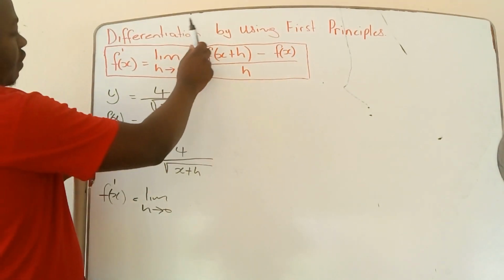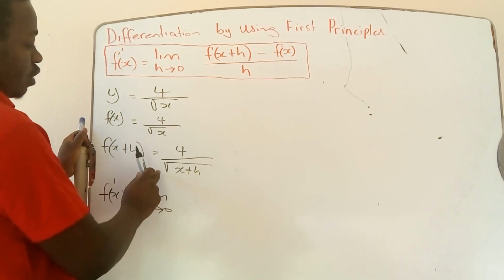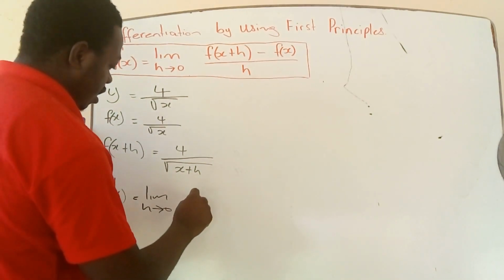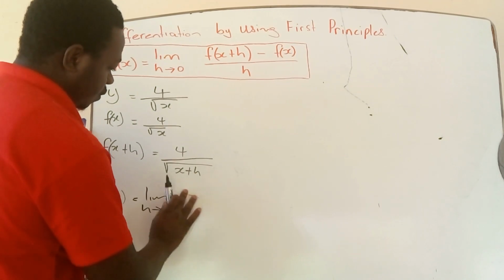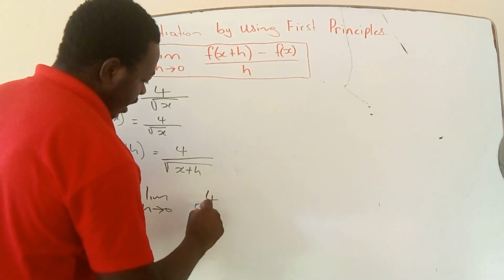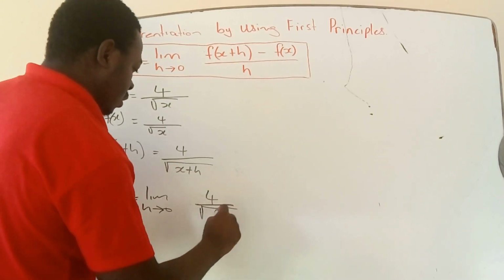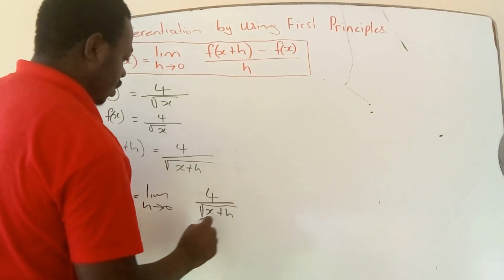What is f of x plus h? f of x plus h is just 4 divided by the root of x plus h. So that's 4 divided by the root of x plus h, right?